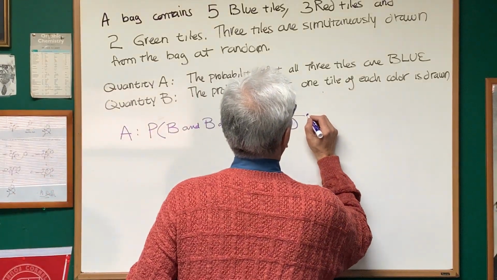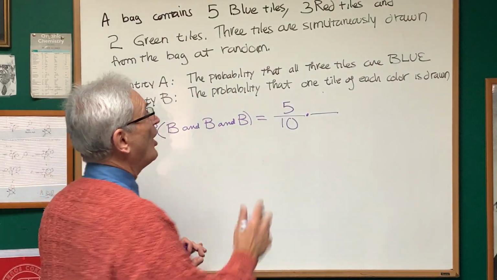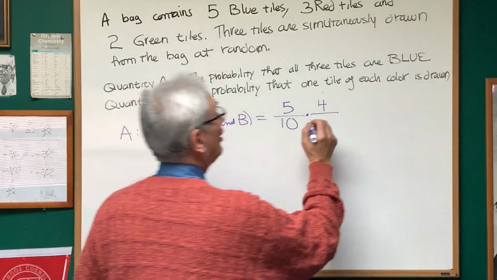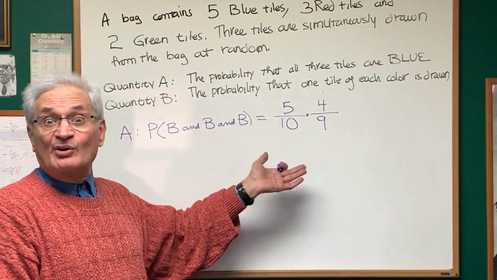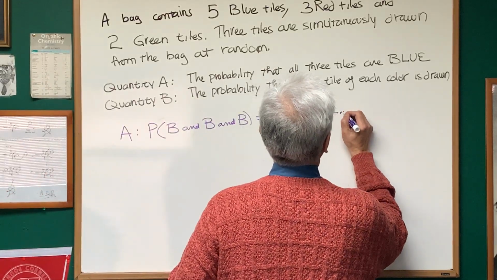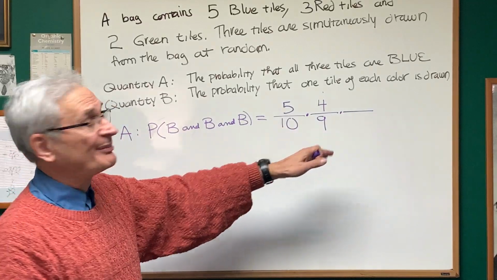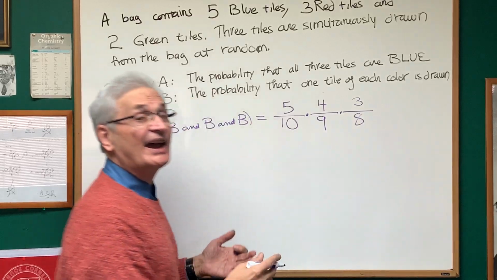Okay, what's the probability now of choosing a second tile that's also blue? Well, now there are only 4 blue tiles in the bag, but there are only 9 total tiles in the bag. 1 has been removed. And now we want to apply that same principle to the third blue tile. How many blue tiles are left in the bag? Only 3. But how many total tiles are left in the bag? 8.